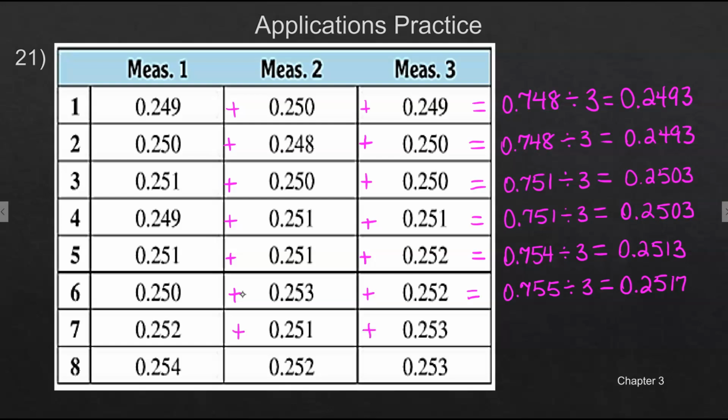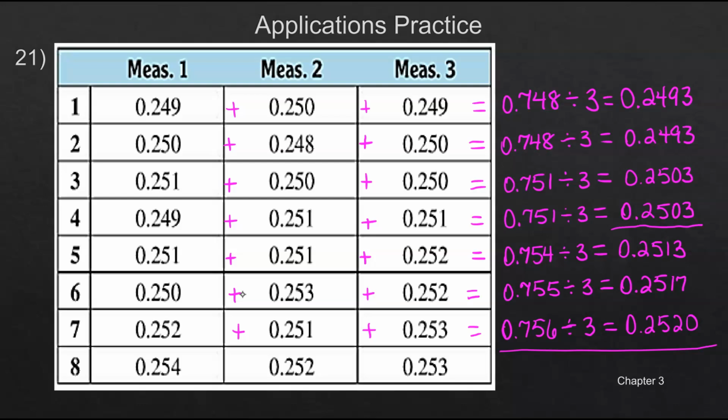We're adding these, dividing by 3. 0.2520. All right, so starting with this one, we have actually increased 3 times. So we can actually stop right here.